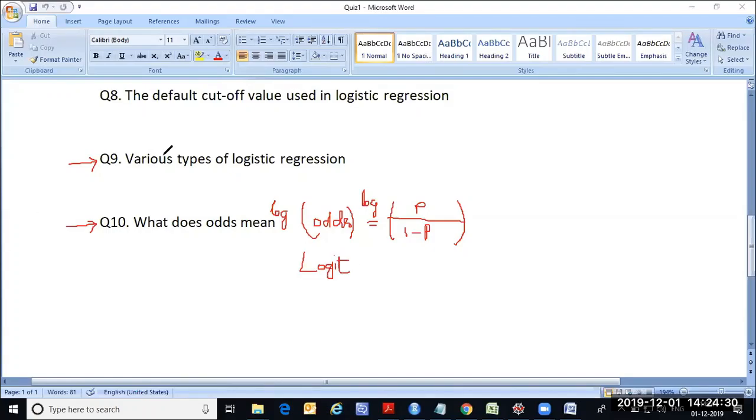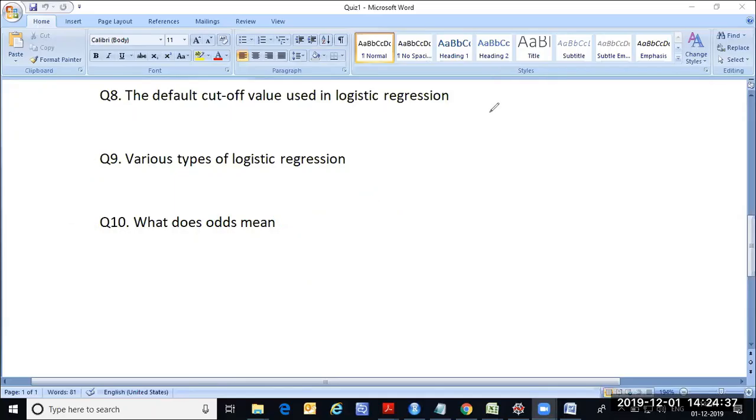Okay, fine. So let's start with multinomial logistic regression now. Various types of logistic regression. If your output variable has only two classes, which are discrete in nature, then you can go for binomial logistic regression.